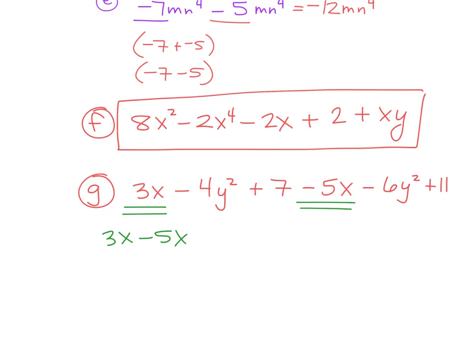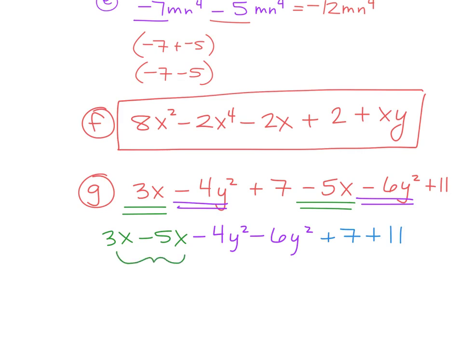What else? What other like terms? Okay, negative, right? So minus 4y squared minus 6y squared. Okay, then what? 7 plus 11. Plus 7, right? Plus 7 plus 11. Okay, now if we simplify, this is what?